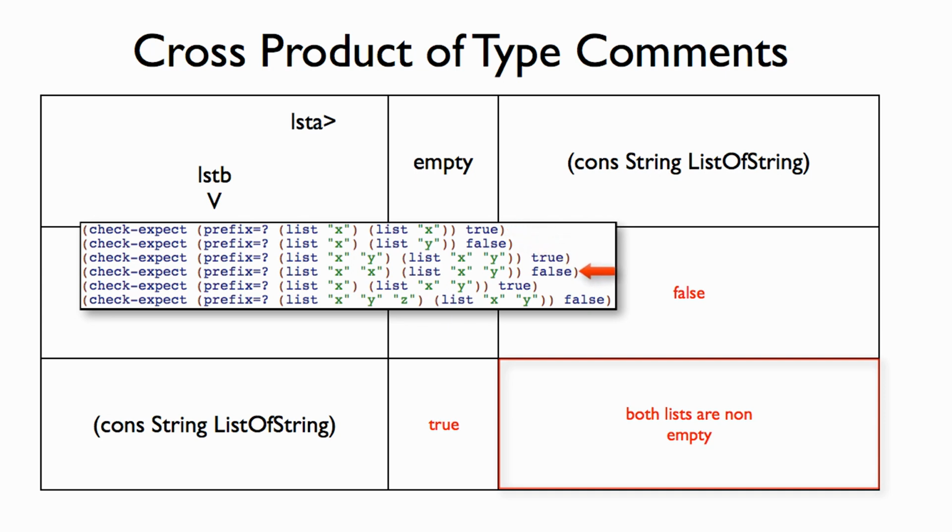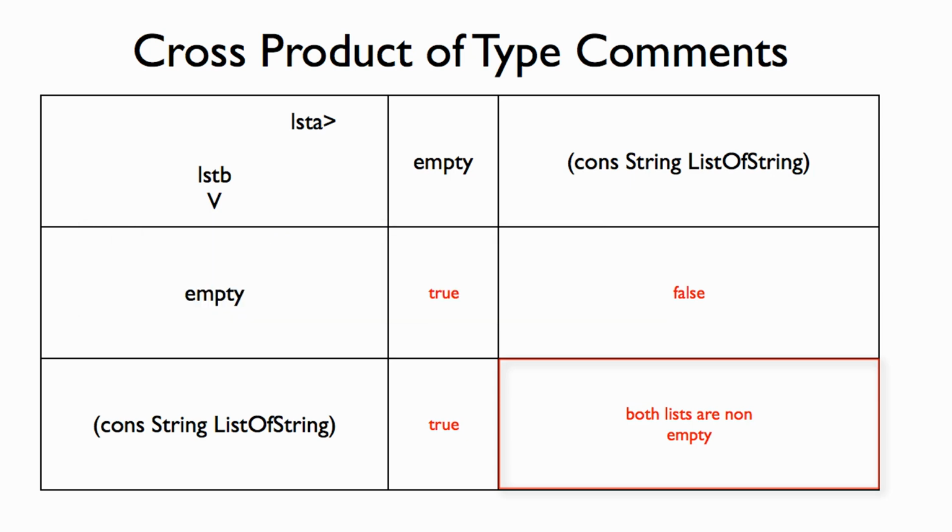But in this other case where they differ later on, it ends up being false. So we need to look at the first elements and kind of do the natural recursion. So we could just put an informal note here that says something like firsts are equal and the natural recursion. We're just going to basically say check that the firsts are equal, and if they are, check the natural recursion. This is just kind of an informal note.